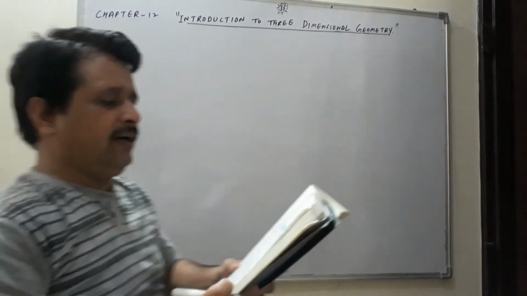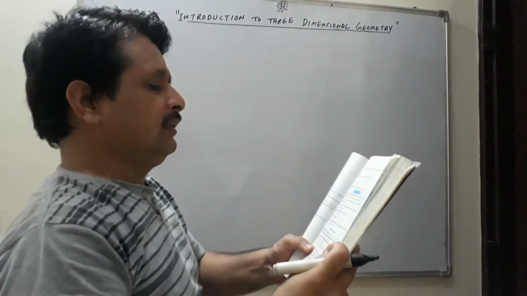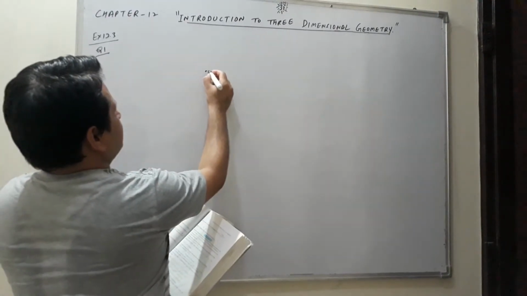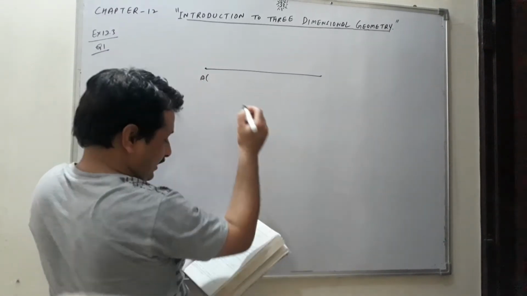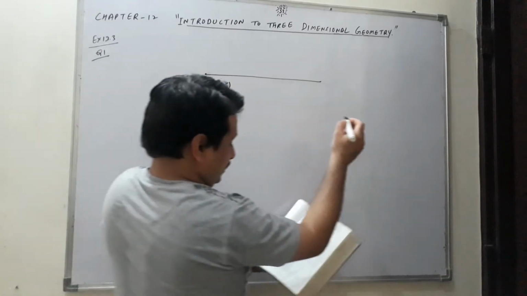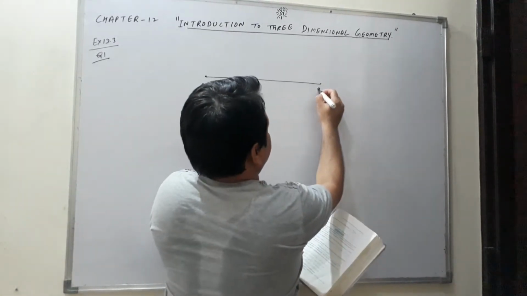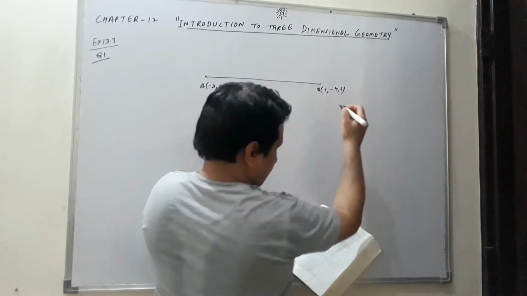In question number 1, find the coordinates of the point which divides the line segment. This is the line segment, students. The points given to you are A having the coordinates minus 2, 3 and 5, and B having the coordinates 1, minus 4 and 6.